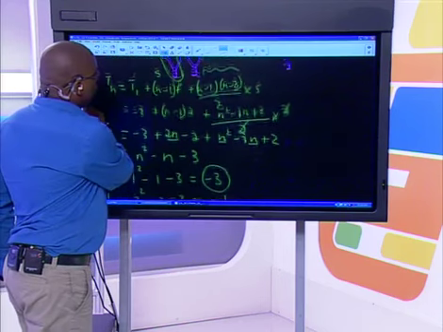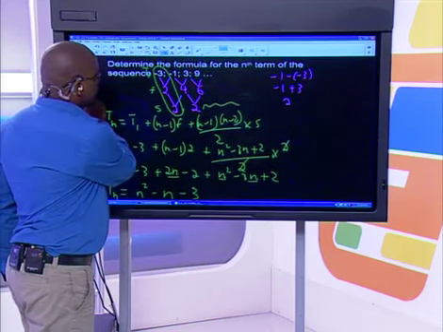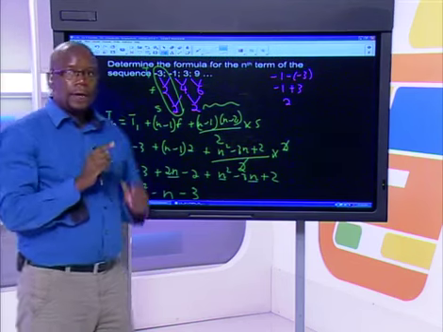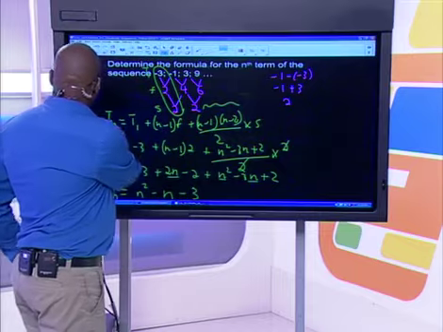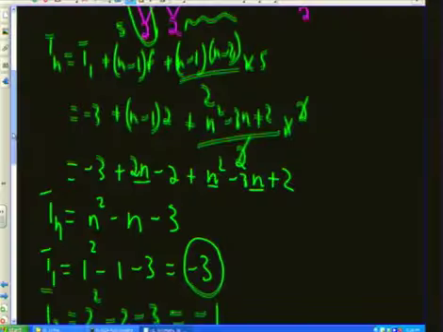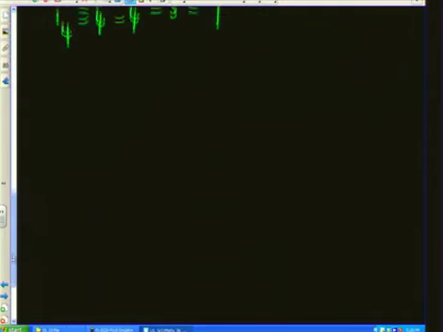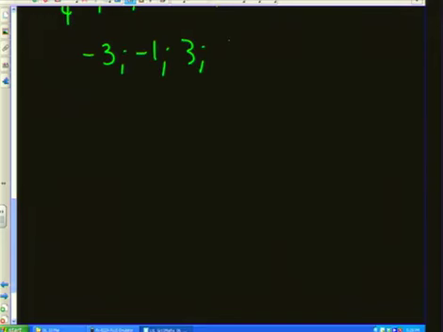Now, those of you who are going that other route of saying Tn equals an squared plus bn plus c, you have your second difference, which is 2. Now, watch. You have a sequence which is negative 3, negative 1, 3, 9.